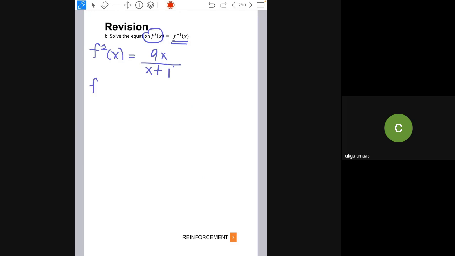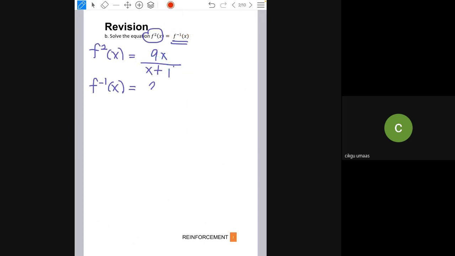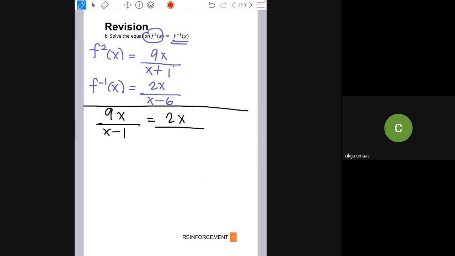And the inverse answer that we just obtained, 2x over x minus 6. So they have to equal it. So I'm just going to take 9x over x plus 1 equal to 2x over x minus 6.